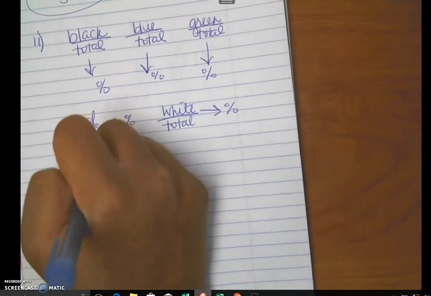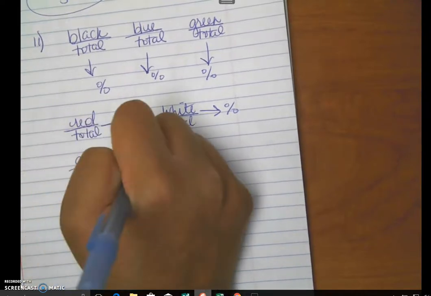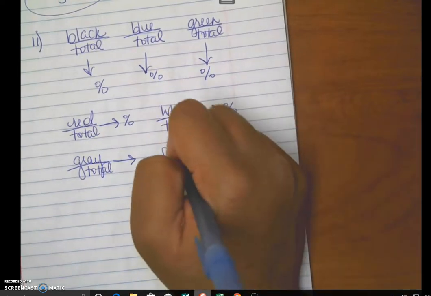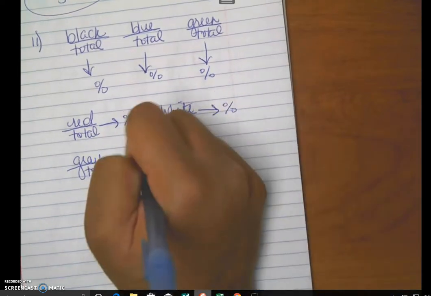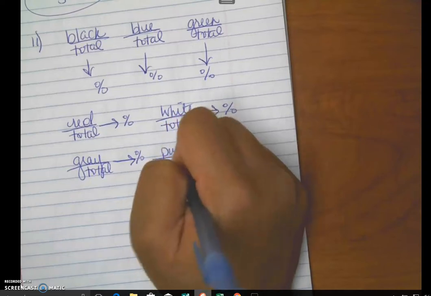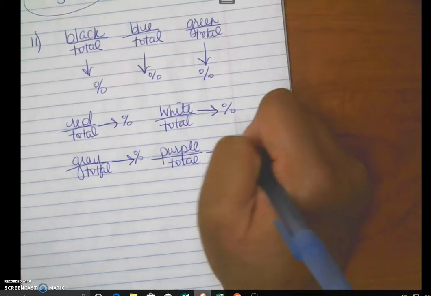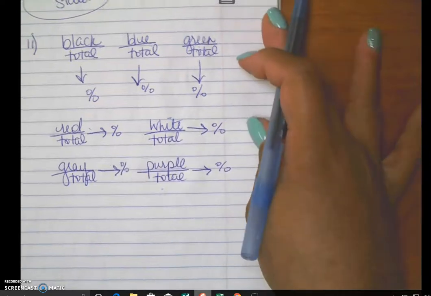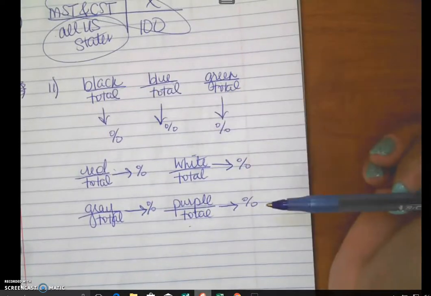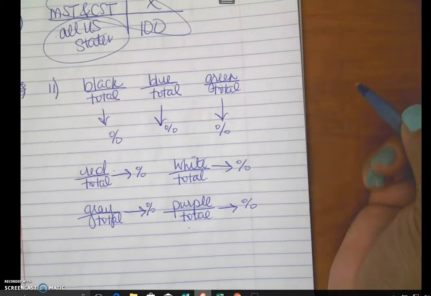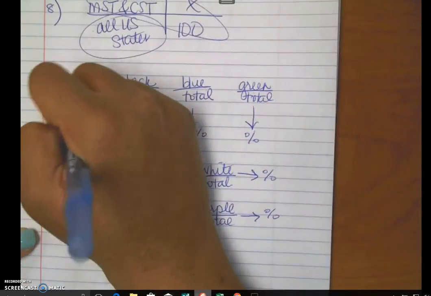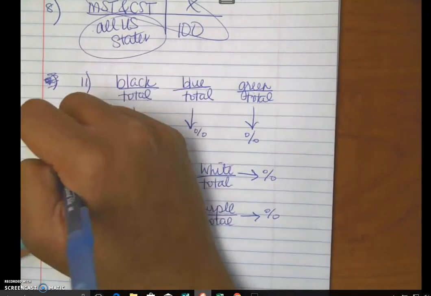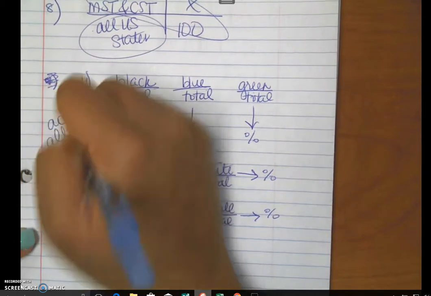Gray out of the total. And purple. Whoops, percent. Out of the total. So you've got 1, 2, 3, 4, 5, 6, 7 fractions to convert. Once you do the first one, it should be easy because your total is simple. Add up all colors to get the total.